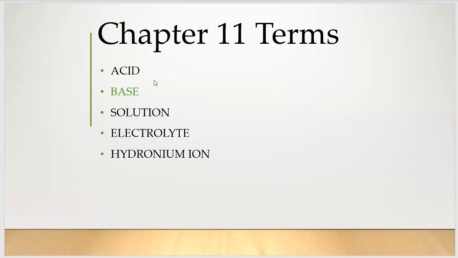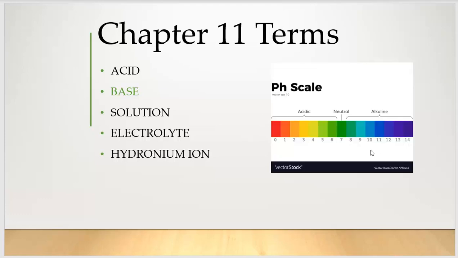We also had, don't forget, our pH scale. On the pH scale, 7 is considered completely neutral. Bases go from 8 to 14 and acids go down from 6 to 0.